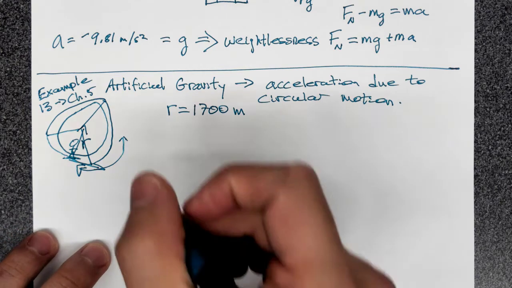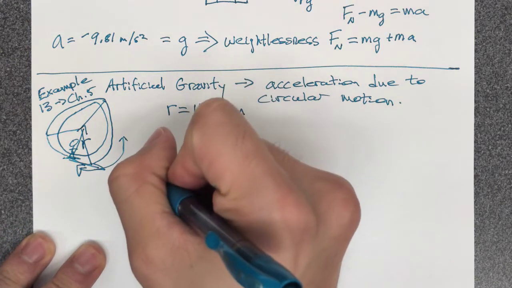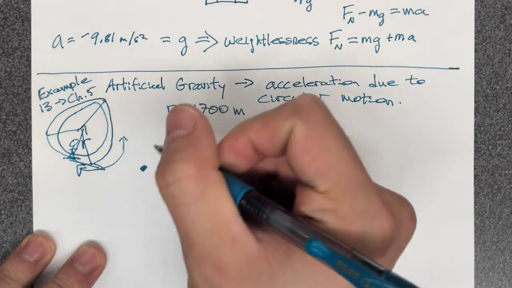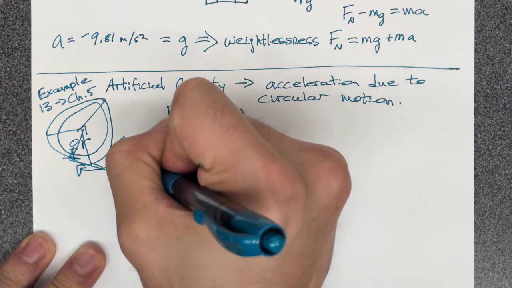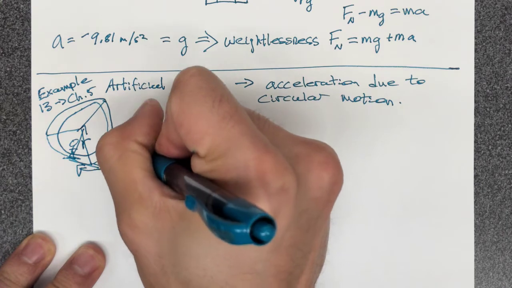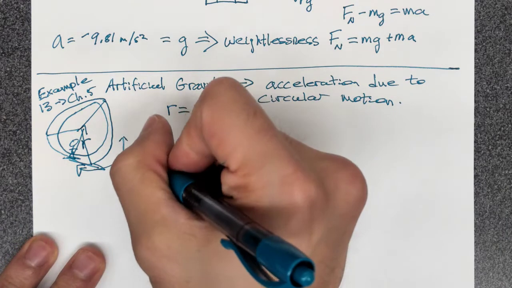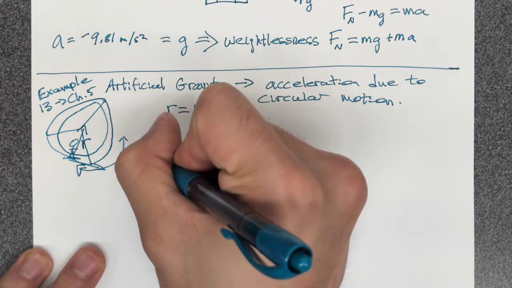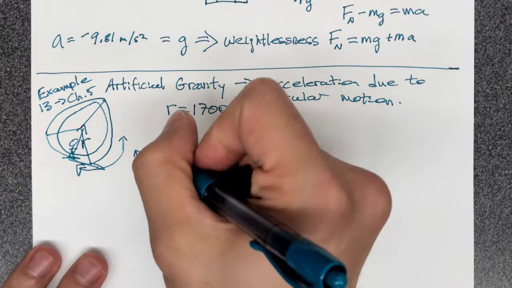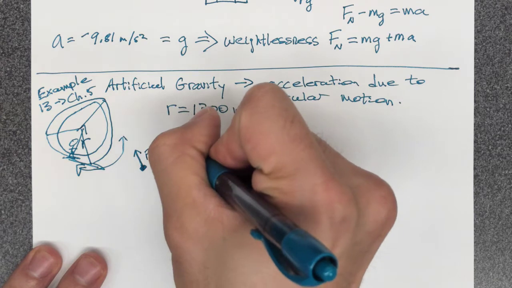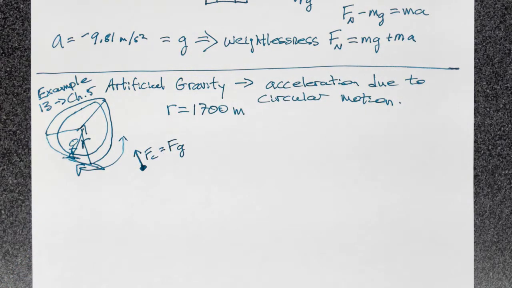So if you take a look at this one again, if we were to do a free body diagram of this person, the only force that we would want on him in this case is a centripetal force that equals the force of gravity. So we want this to mimic what we would find on Earth.